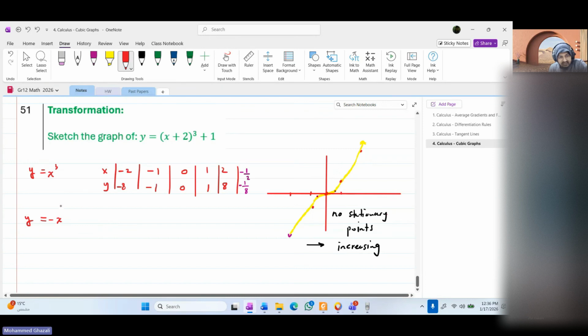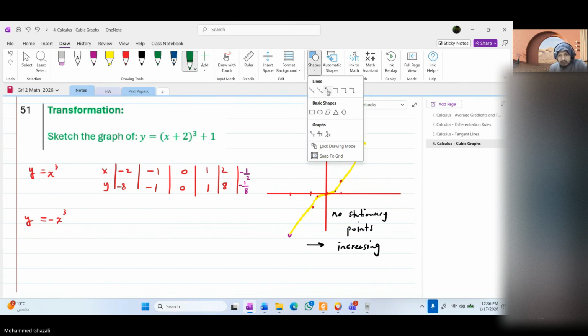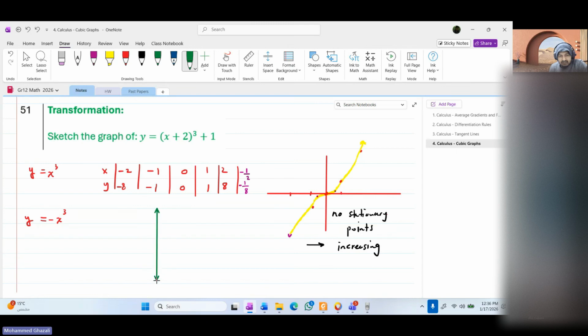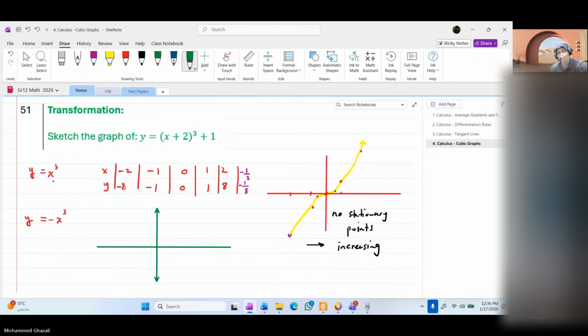So what about y equals -x cubed? Y equals -x cubed is a graph which is in the opposite direction. In other words, it's a reflection on the y-axis. Why is it a reflection on the y-axis? Because you can clearly see the y value became negative here.